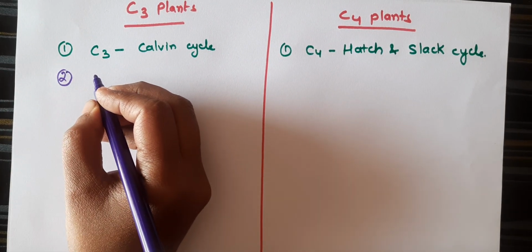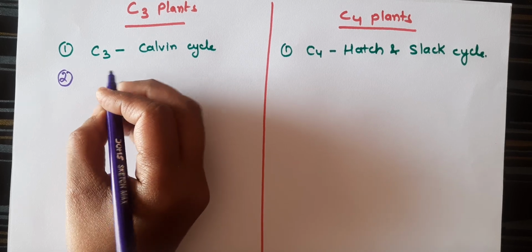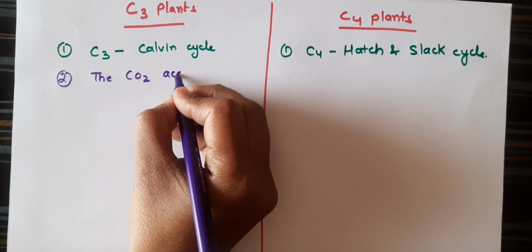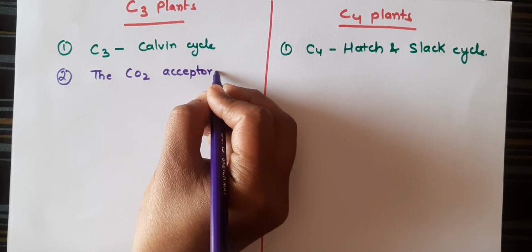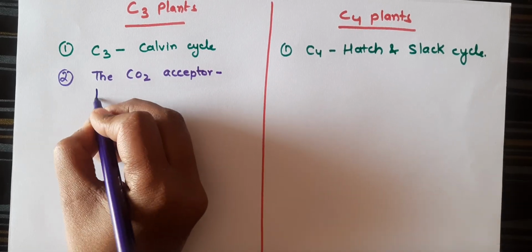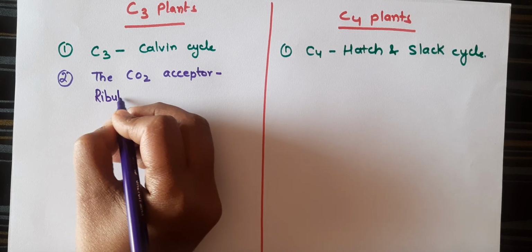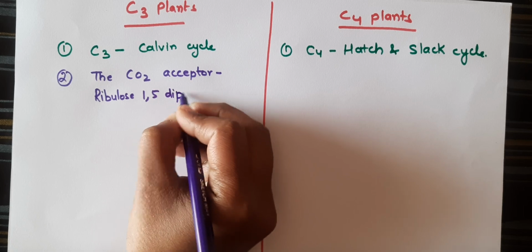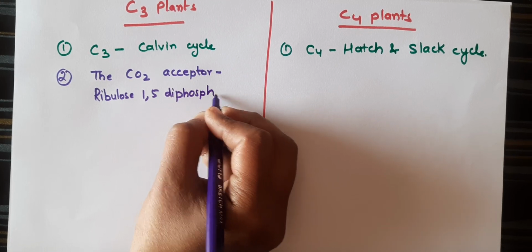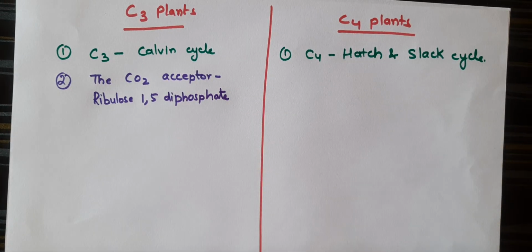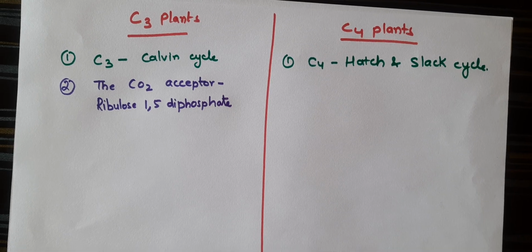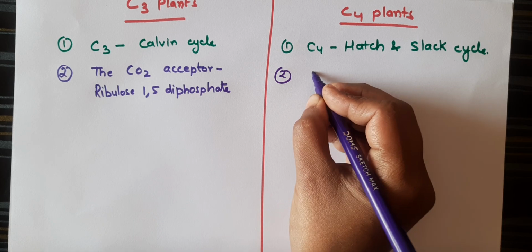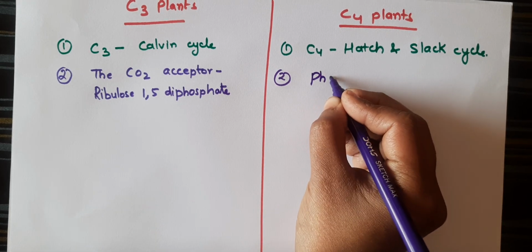the carbon dioxide acceptor. The CO2 acceptor in C3 plant is ribulose 1,5-diphosphate, whereas in case of C4 plant the carbon dioxide acceptor is phosphoenol pyruvate.